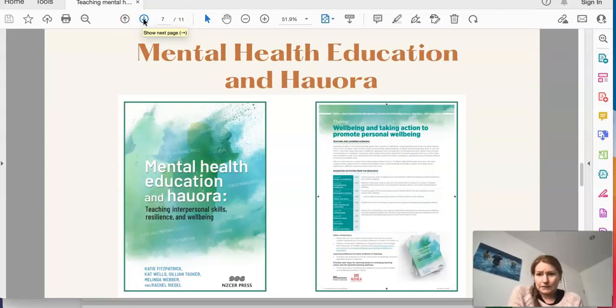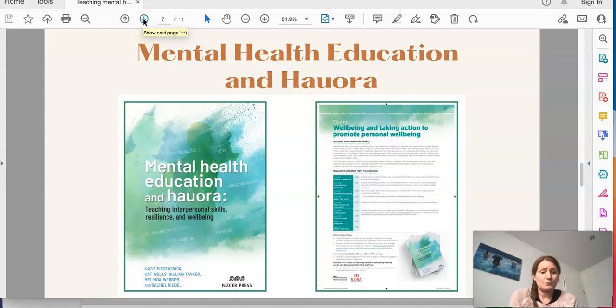The other one here that I wanted to spend a little bit of time talking about was Mental Health Education and Hauora. This is a book that was published by NZCER and written by the lead authors of the Mental Health Education Guide, Katie and Melinda, with a few other teachers as well. This book is organised into four sections.